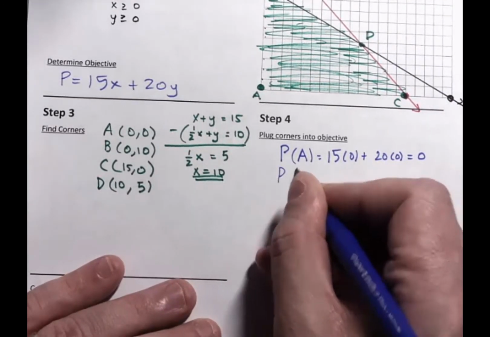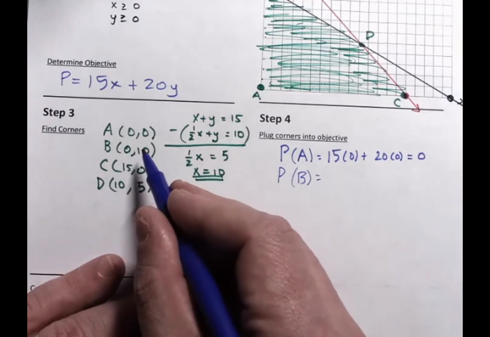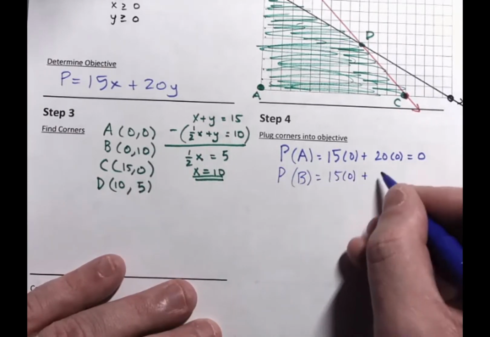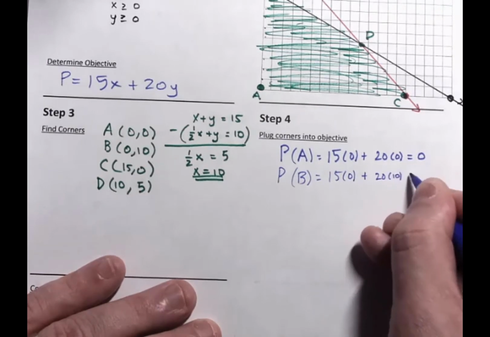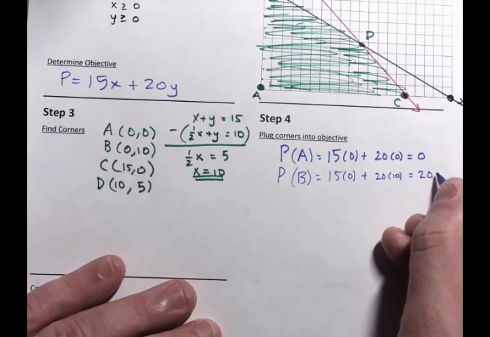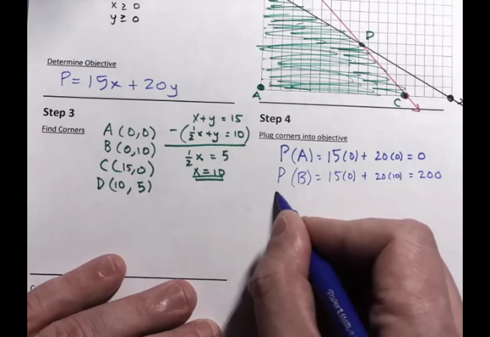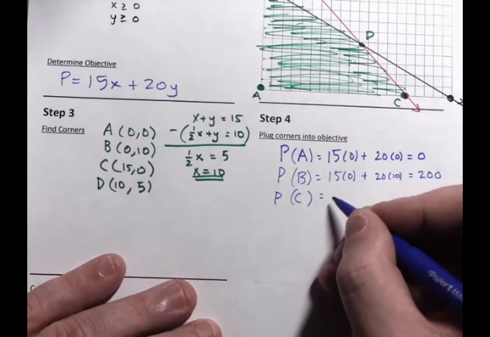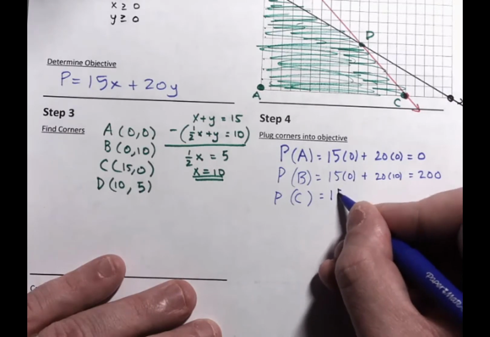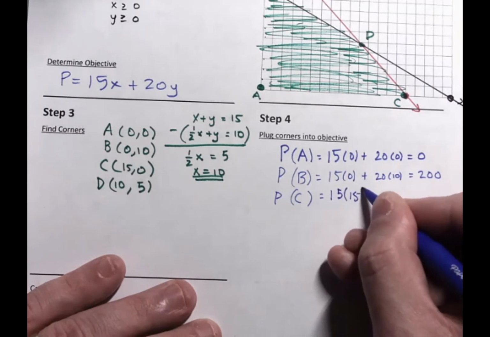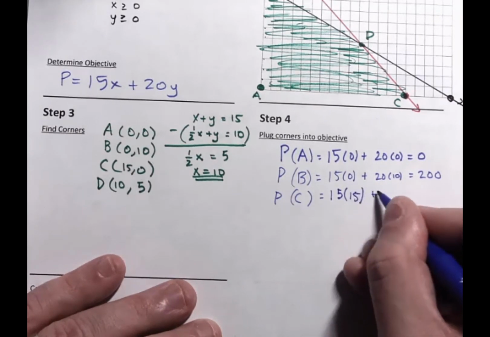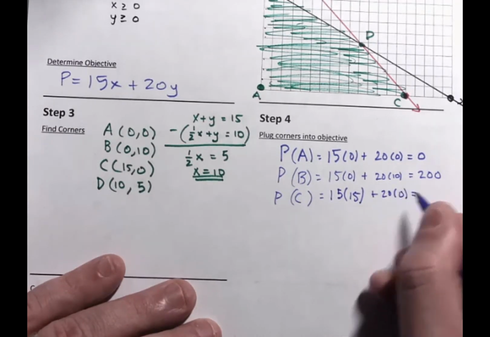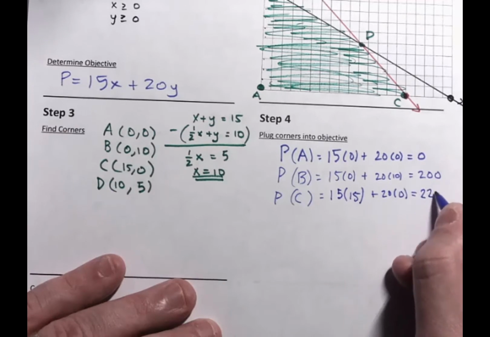The profit at point B would be if she only made necklaces. That would be 15 times 0 plus 20 times 10. And from that situation, she would make 200. How about at point C? There she gets to make 15 of the earrings, and she gets to make none of the necklaces. 15 times 15 is 225.